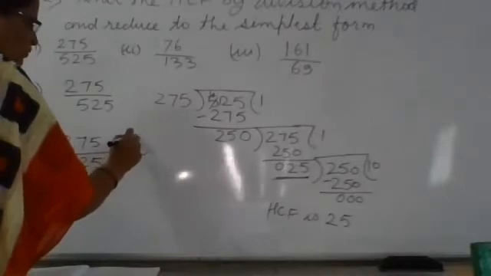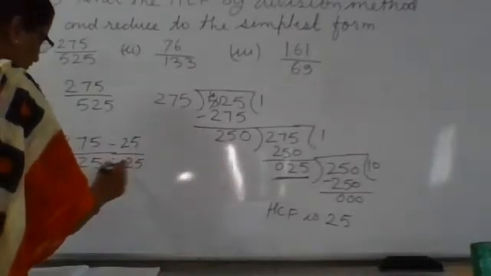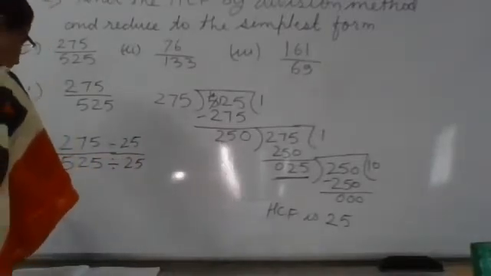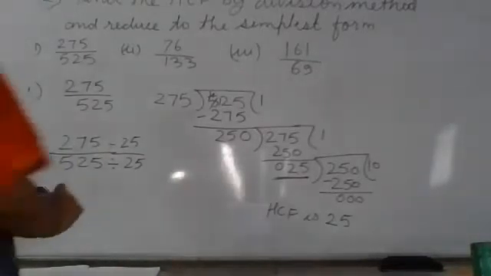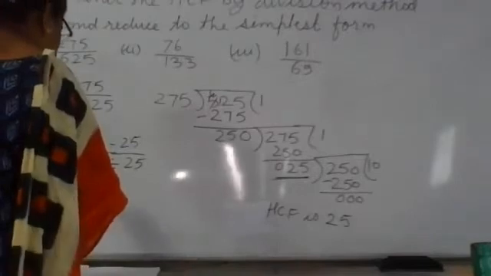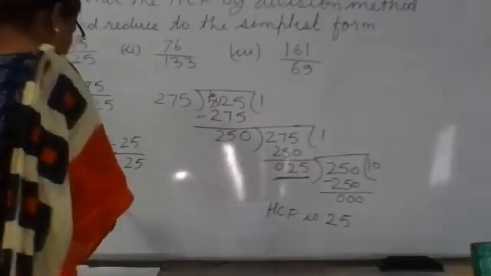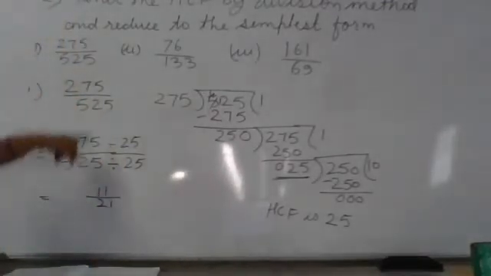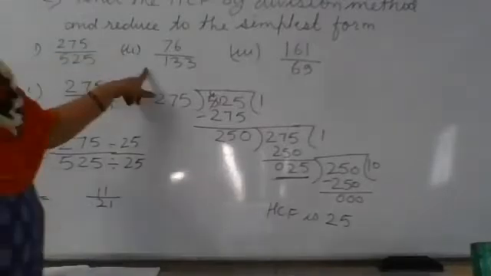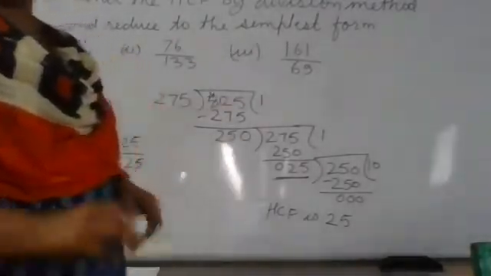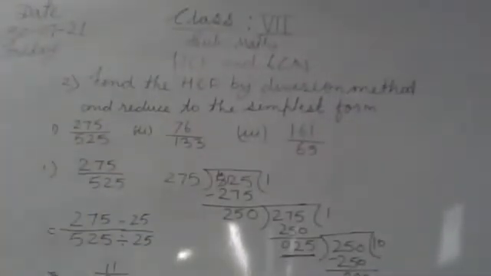Dividing both by 25, we get 11 upon 21. So 11 upon 21 is the reduced form of 275 upon 525. Got it, beta? The rest of the two questions you have to solve yourself.